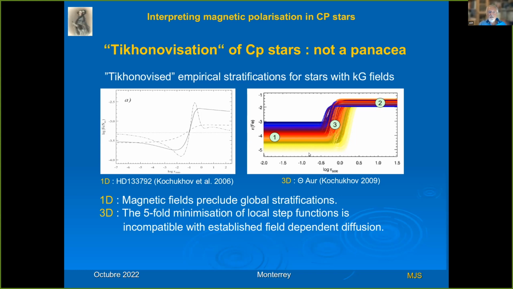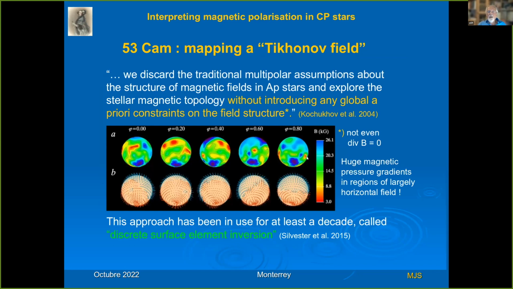So it's Tikhonovization, nothing else. And if you apply it to a star like 53 Cam, it had also been used for the magnetic field, just without introducing any global constraints on the field structure, not even divergence B equals 0, then you get these results.